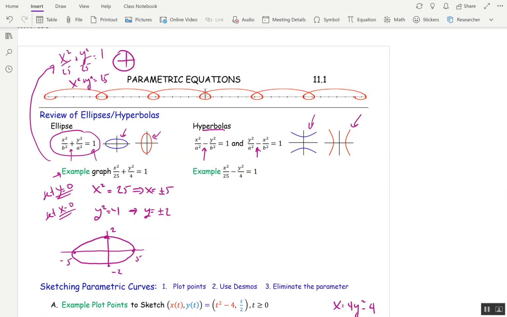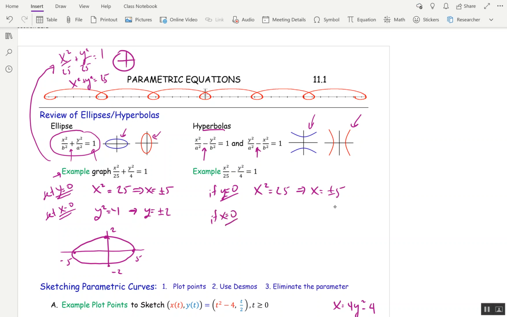In my example here, I've got x squared over 25 minus y squared over 4 equals 1. If y equals 0, then x squared over 25 is 1, so x squared is 25, so x is plus or minus 5. Now watch what happens if I try and set x equal to 0.